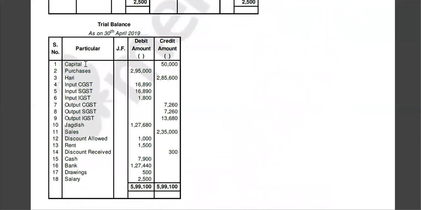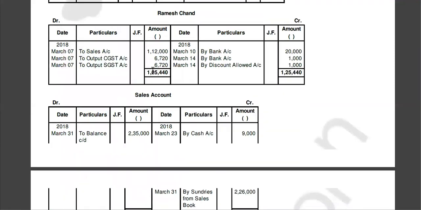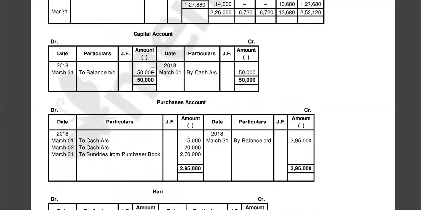Capital, I told you, no, cash account debit to capital account. Purchase account: the total of purchase book is 2,95,000. See the purchase book. The total of purchase book amount is 2,95,000.